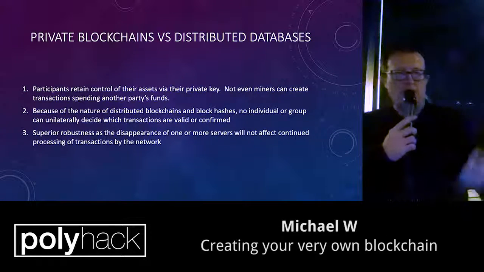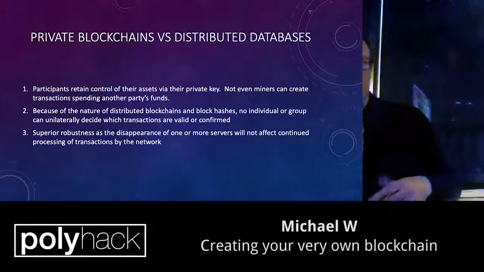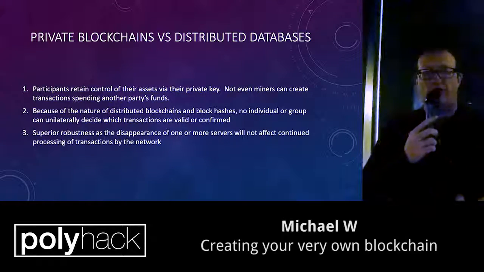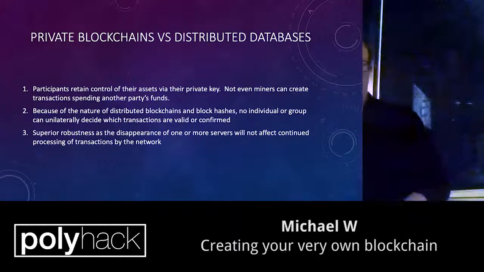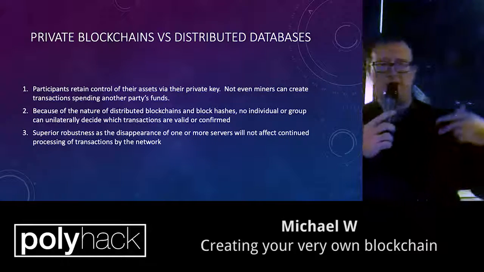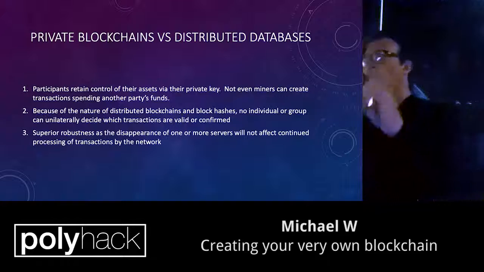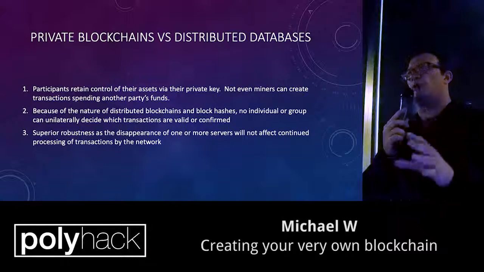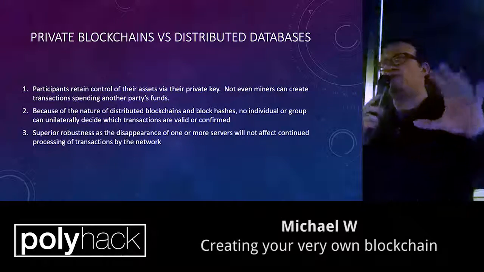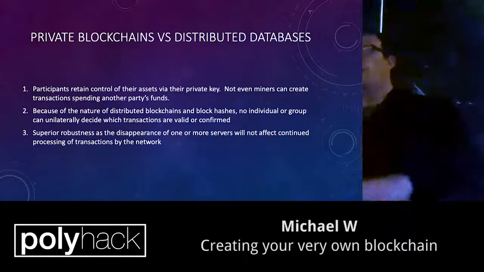So let's take a look. The very first point: participants retain control of their assets via their private key. Number two, like I explained, because of the nature of distributed blockchains and block hashes, no single individual or group can modify the data unless it is agreed on collectively.